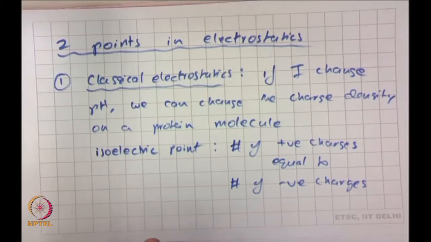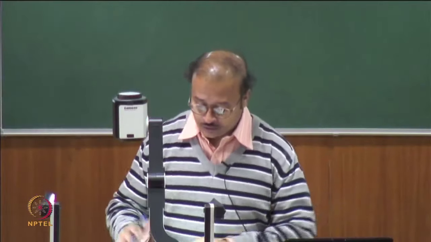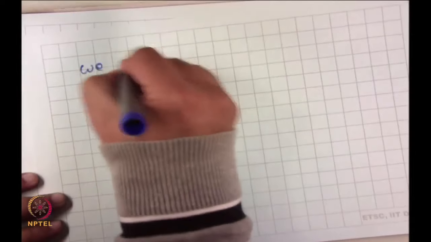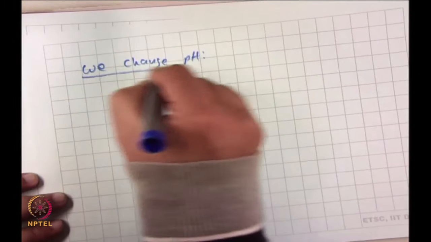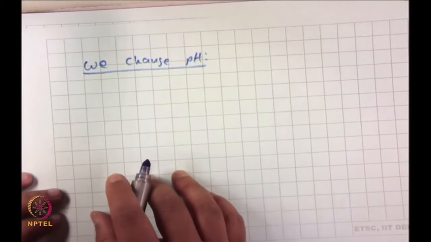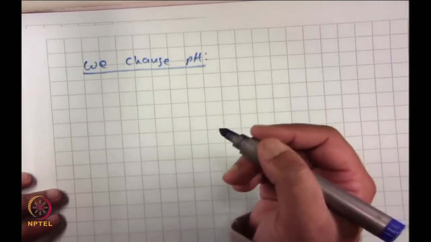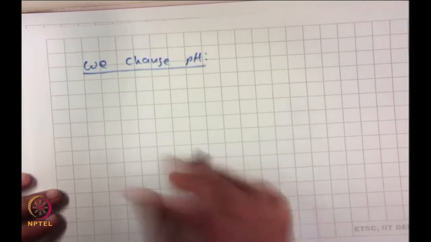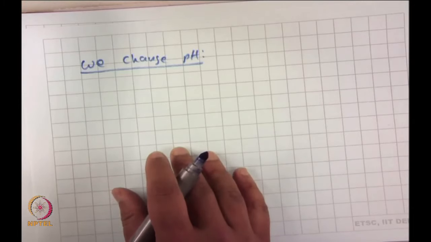Now, why is this isoelectric point so important? Okay, the reason is this. Suppose we change pH. That means either we go to the acidic side or to the basic side. That means either we are moving to the left of the isoelectric point or right of the isoelectric point, the isoelectric point being in the middle because it is neutral.